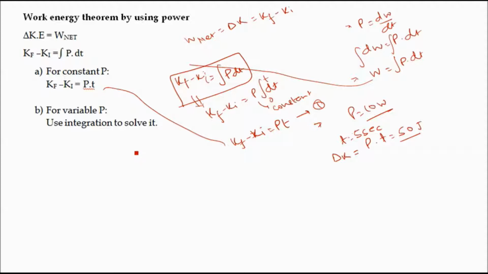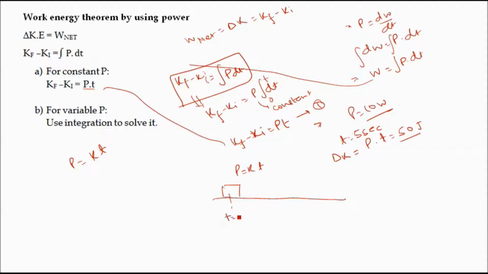So now what is the basic use of this? When the power is not constant, when the power is variable, then this formula will be very much handy, and we have to use a concept of calculus to solve it. I will give you one example. Suppose the power is a function of time t given by P is equal to kt. Suppose a body is moving on a surface where the power is not constant, power is equal to kt.